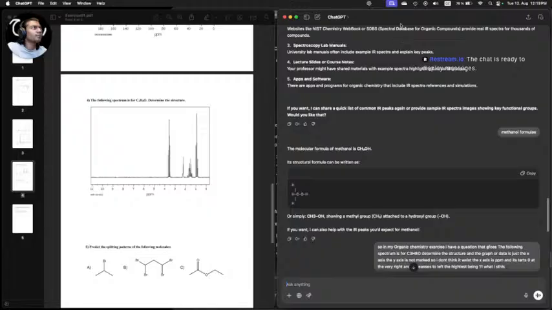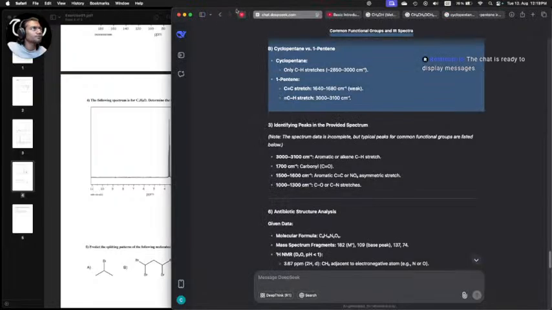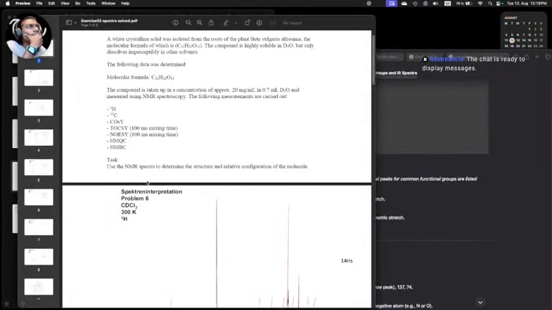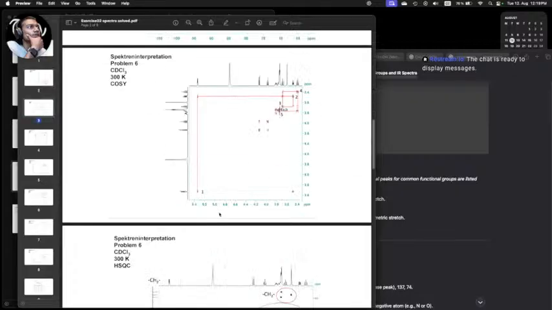Well, it's time to look for NMR spectrum, but I'm so confused. If we reach NMR spectrum now, what else is there? Structure elucidation using NMR spectroscopy.